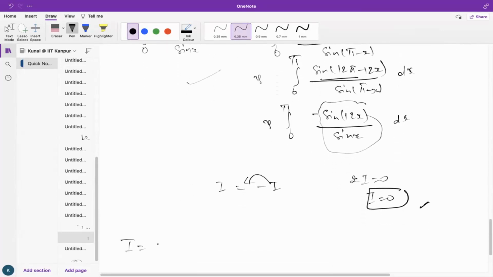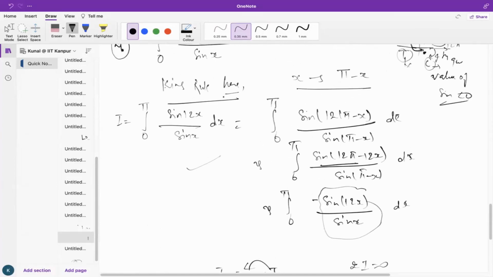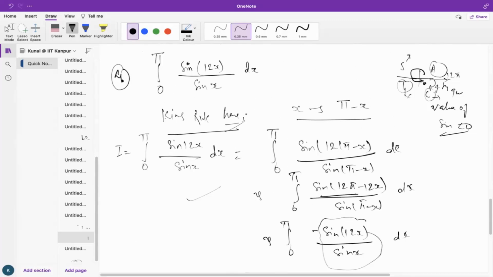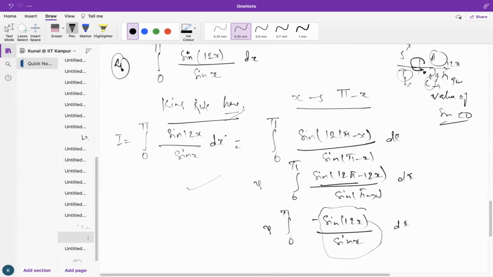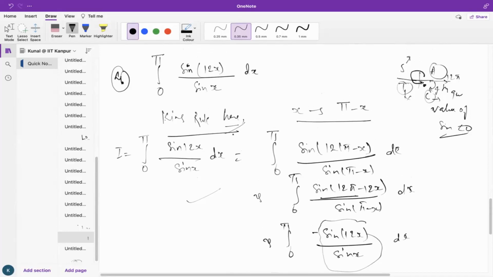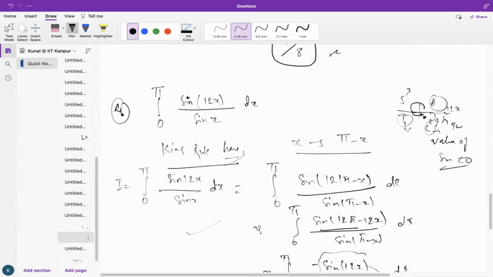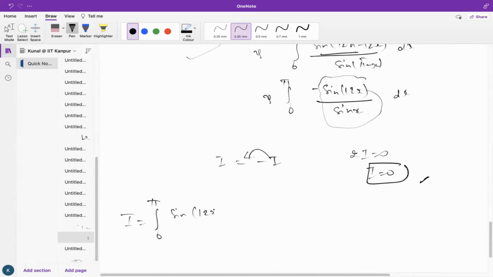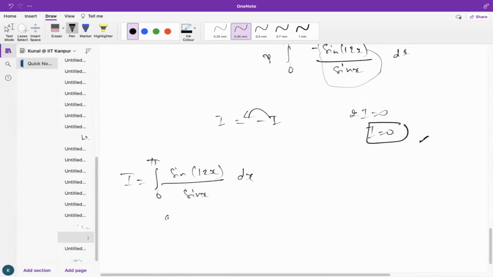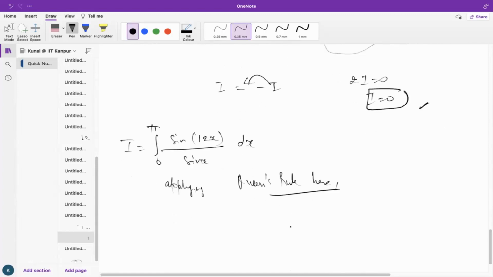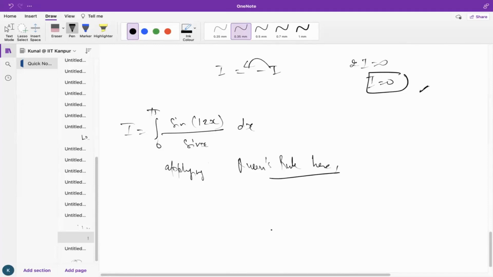I is equal to the integral from 0 to pi. This time, this problem was solved first by King's rule, and now I am again applying Queen's rule here to look at what result we get. Do we get the same result or something different? Actually, we get the same result, but try to check once, right? So sine of 12x divided by sine of x dx. Applying Queen's rule here, what will we get?